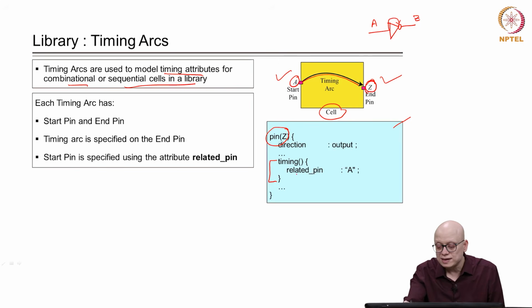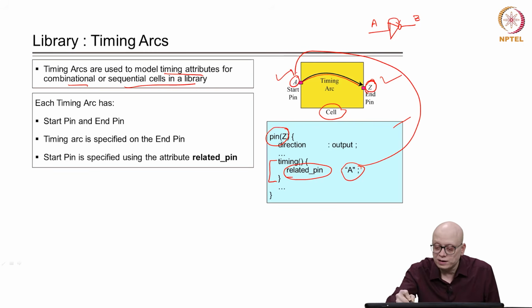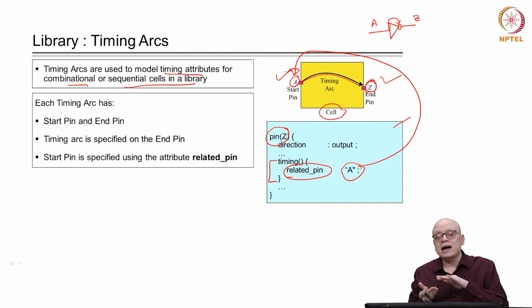So, inside this timing arc we have an attribute called related pin whose value is A. What does this A signify? This A signifies the start pin. So, this is how the timing arcs exist in our technology library.